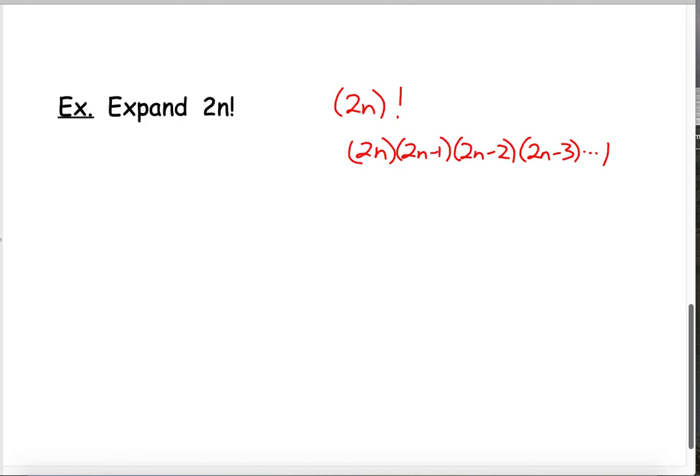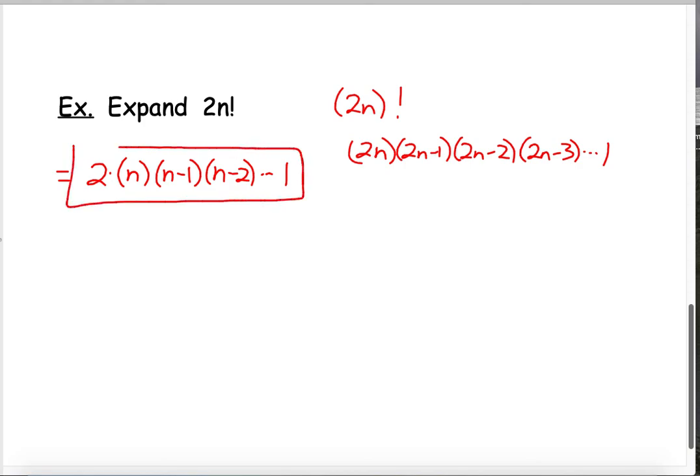But for this case, we have a 2, and then we're going to do n factorial, which is n, and then 1 less than that, and then 1 less than that, and 1 less than that, all the way down to 1. So that is what 2n factorial equals.